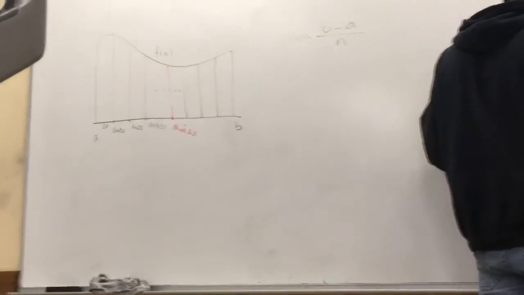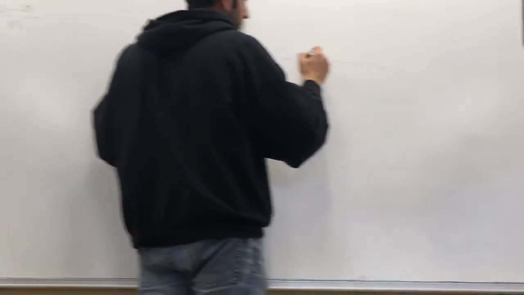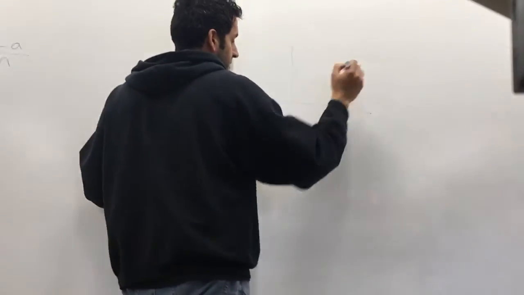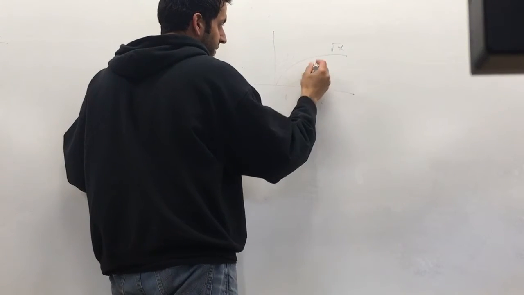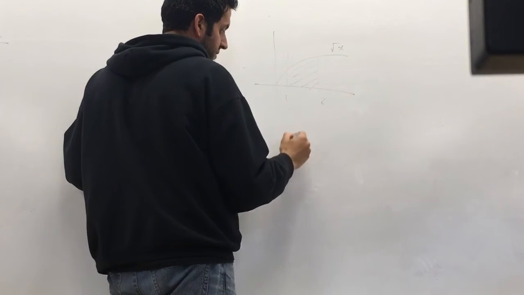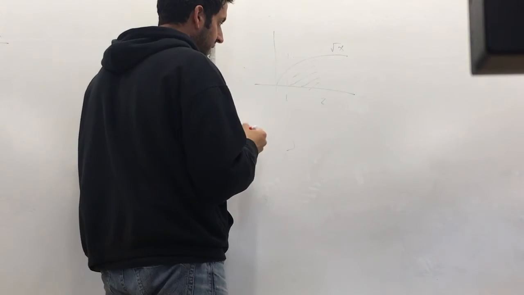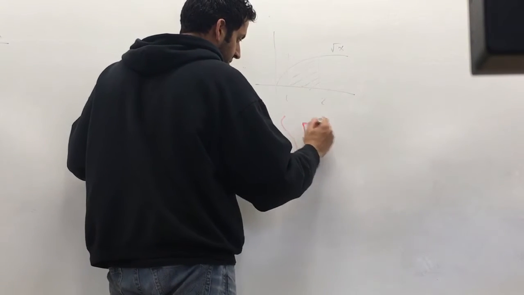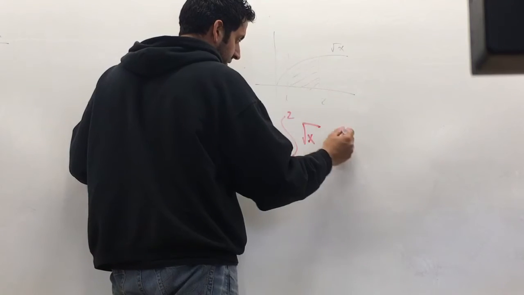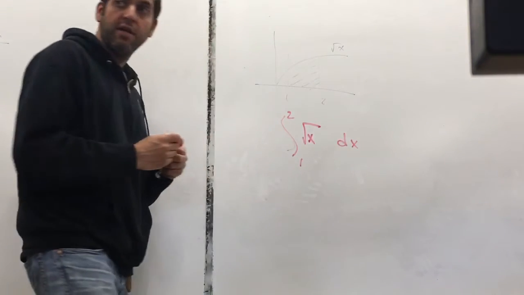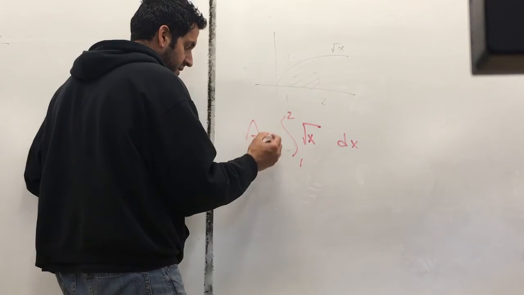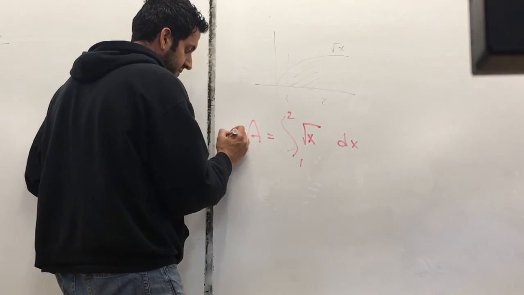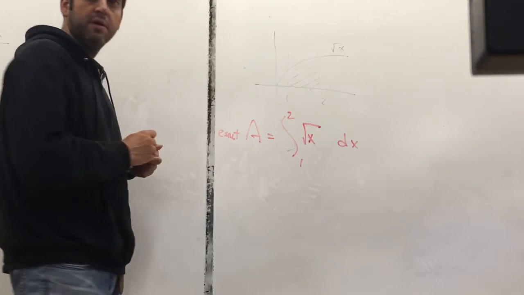Let's say this is square root of x, and you're finding the area from 1 to 2. So you can actually do this integral, the integral of root x from 1 to 2 dx, and find the exact area. So this would be A, you could call it the exact A.